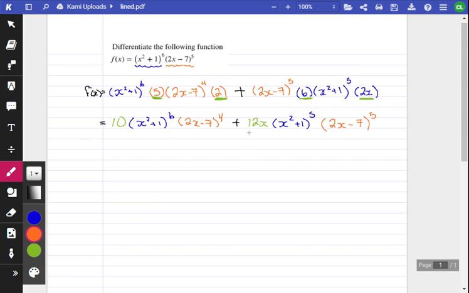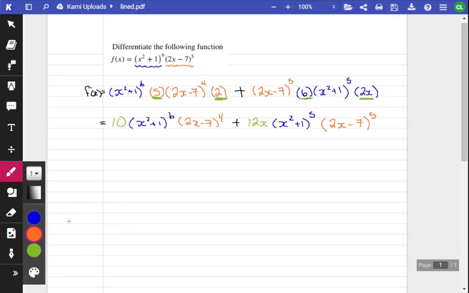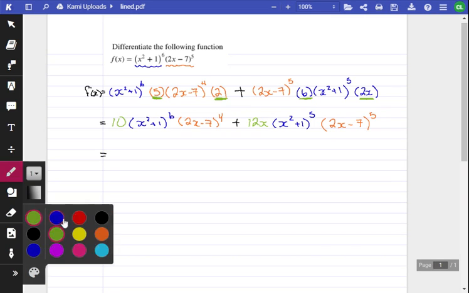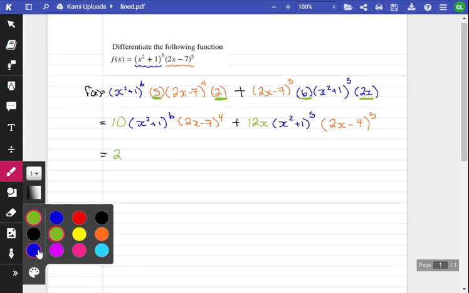Now we have common things between both terms, so we're going to want to factor those common things out. Looking at the first of each factor, common between 10 and 12x, we can take out a 2. So I'm going to factor out a 2 out of both of those terms.